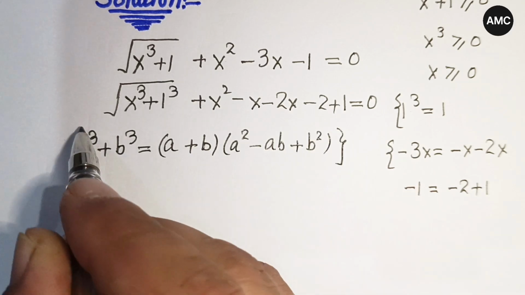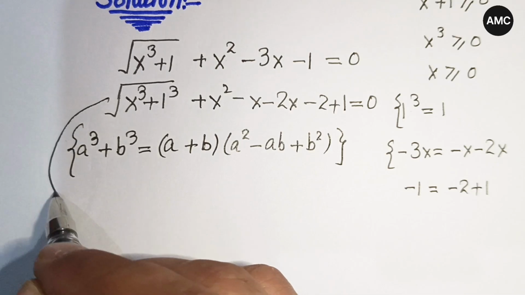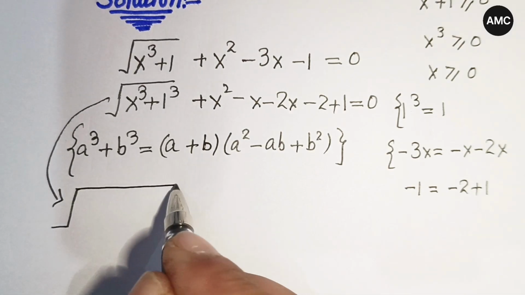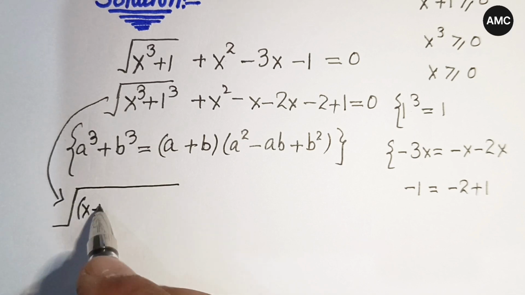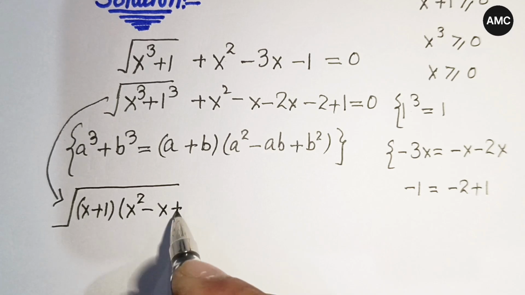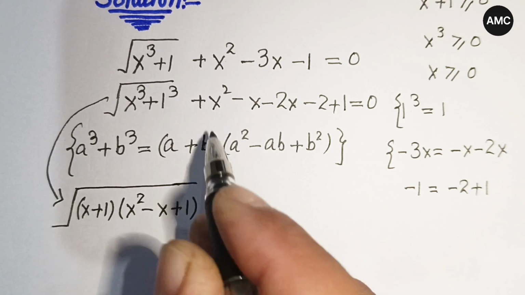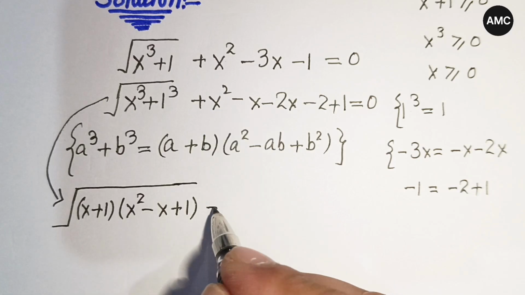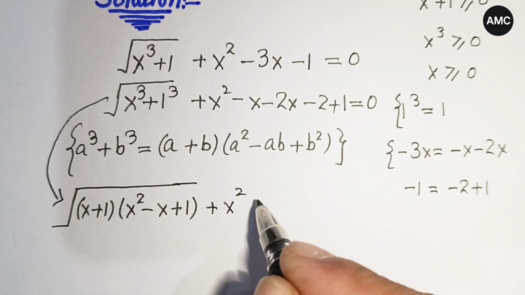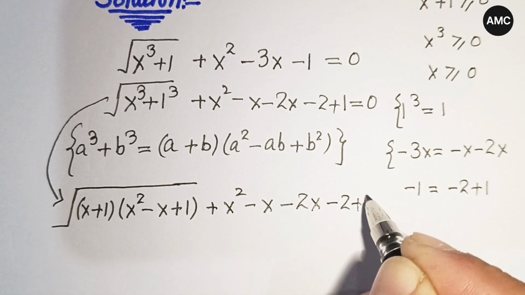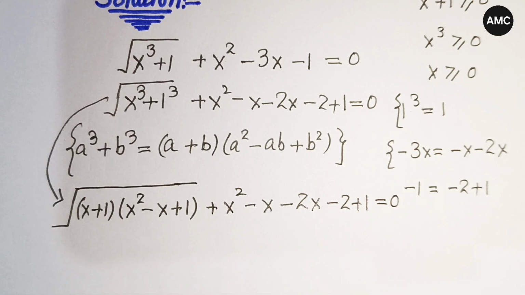Applying this formula here, we have the square root of x plus 1 times x squared minus x plus 1 squared, which is 1. So here plus x squared, and minus x minus 2 times x minus 2 plus 1 is equal to 0.